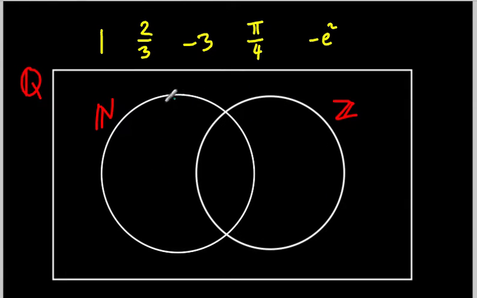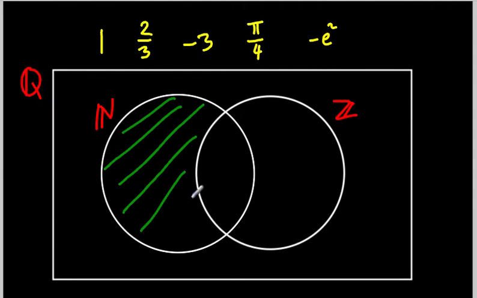Therefore, this entire space right here does not make any sense whatsoever. No number can ever go inside here, because all the numbers in this entire circle must be inside the integers. And since this is outside of that, obviously no number even exists over here. And everything else makes sense. And over here, what this means is, here are natural numbers that happen to be integers, but we already know that all natural numbers are integers.